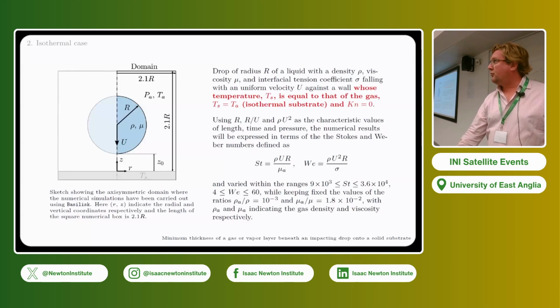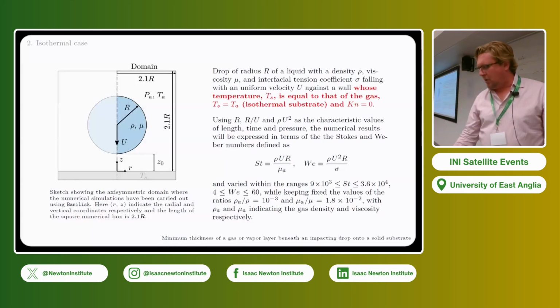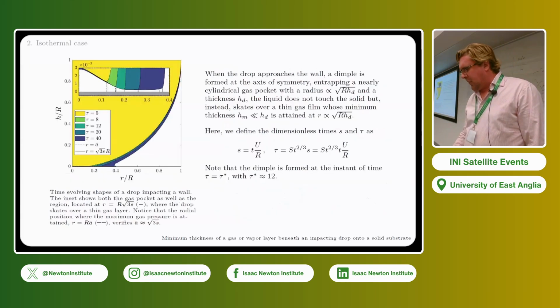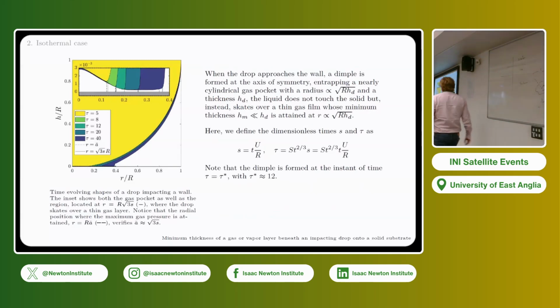We fix the ratio between the density of air and liquid to the true density ratio, also for the viscosity, and we obtain the evolution of this air layer beneath these drops.